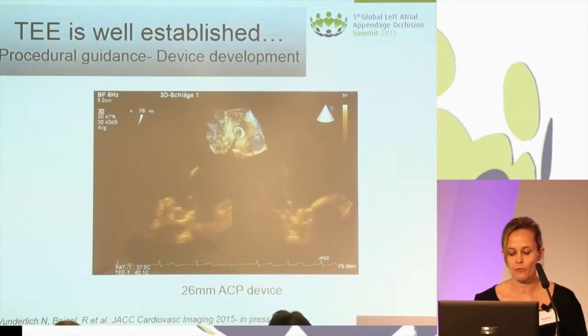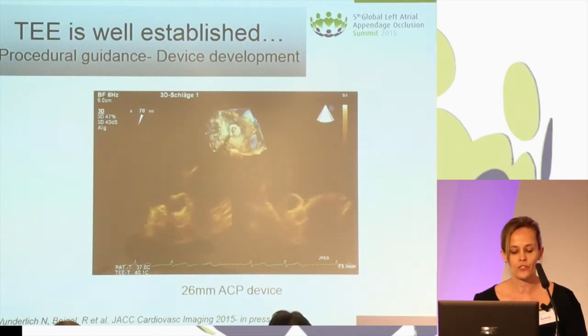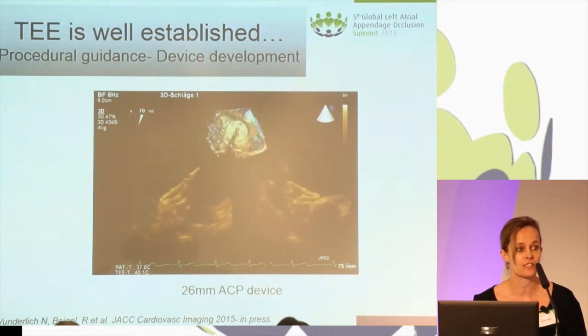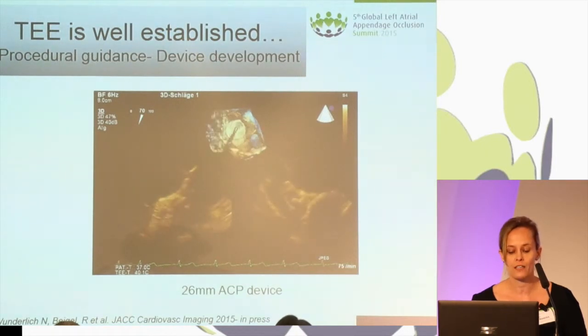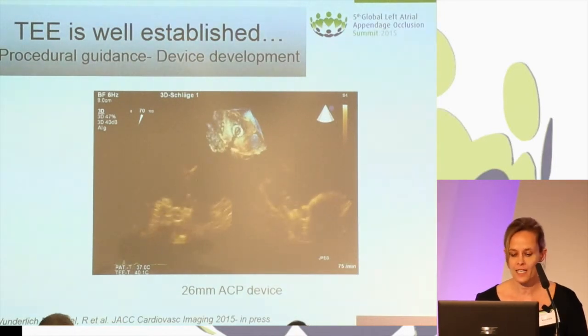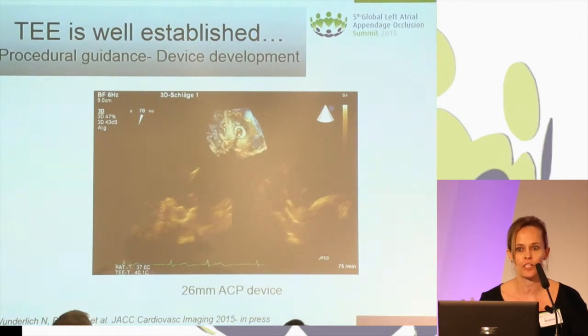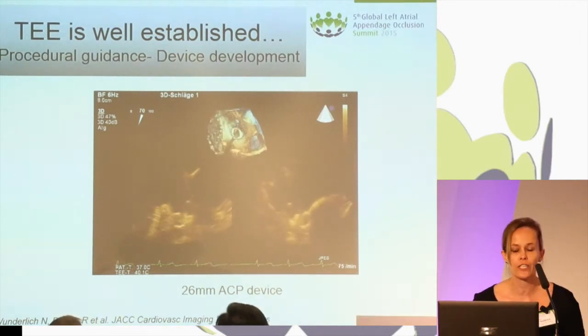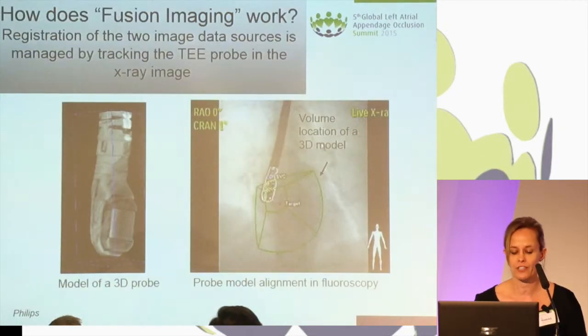In this case, we see the deployment of a 26mm ACP occluder. At first, the lobe is deployed relatively deep into this left atrial appendage, and in the next step, we see the deployment of the disk of the device. And this can be done in real time. You can store it, and you can review everything after the procedure.